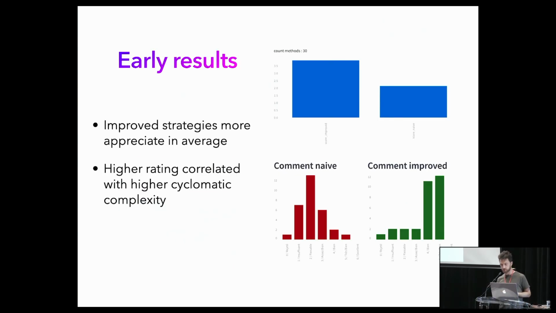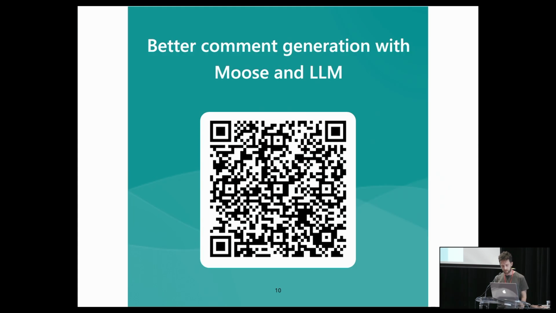For early results, we have rated about 200 comments so far, and we see that our strategy is more likely to be chosen by developers. We also saw a correlation: the higher the cyclomatic complexity is, the better the rating is for our improved strategy. That's something we need to investigate as well.